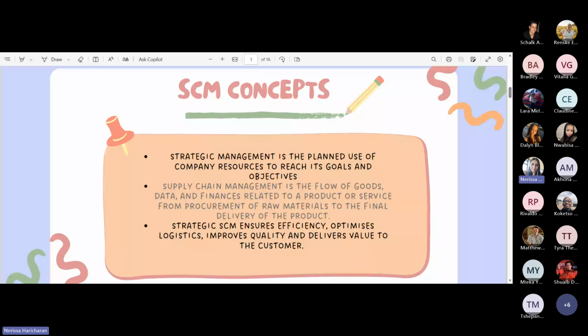So you want to look at analyzing your internal and external environments. And a lot of it has to do with SWOT analysis. So strengths, weaknesses, opportunities, and threats, looking at strengths and weaknesses internally from a business perspective, and then your opportunities and threats from an external environment perspective.